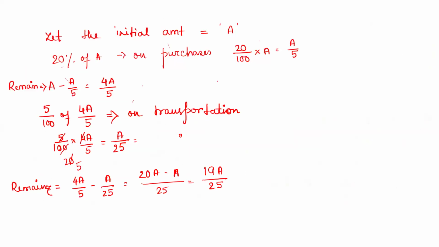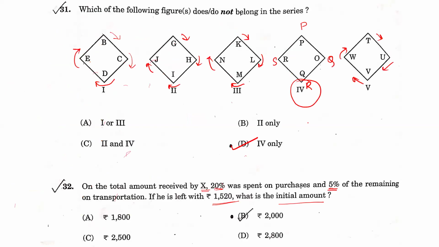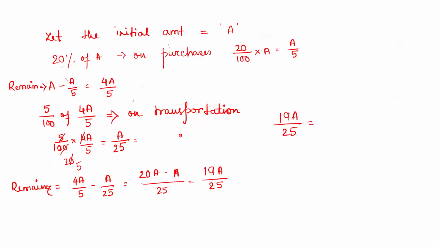Now this 19A by 25 is equal to how much? 1520. Therefore, A will be 1520 into 25 by 19.